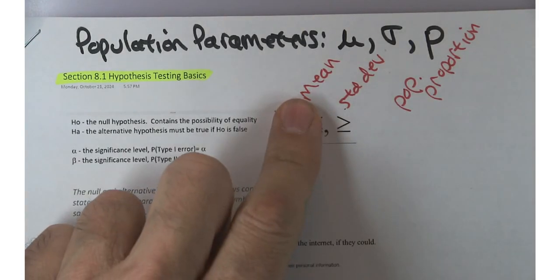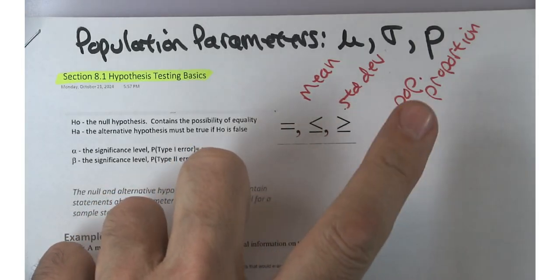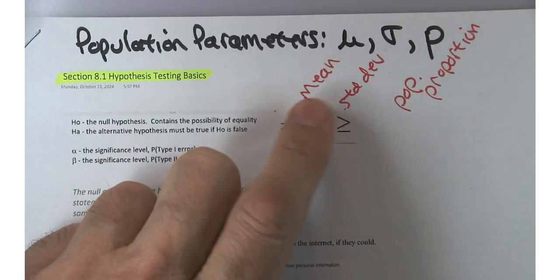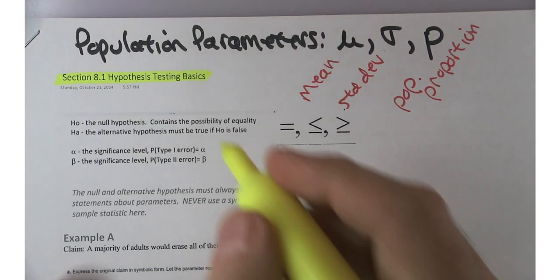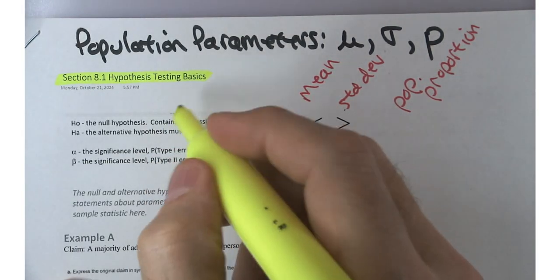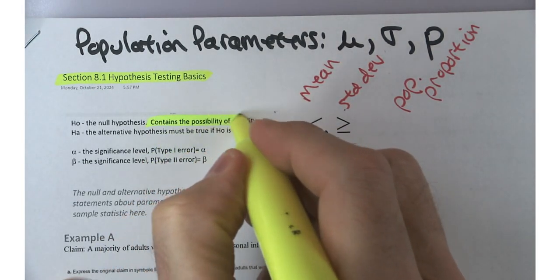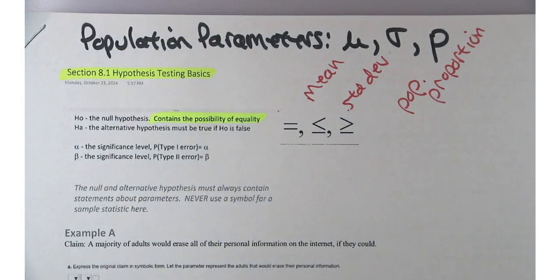This will be 8.2, this will be 8.3, this will be 8.4. But one thing's going to be true about all your claims about a population parameter and our hypothesis test of those claims. They're going to start out with, first of all, a claim about a population parameter that's going to contain the possibility of equality.